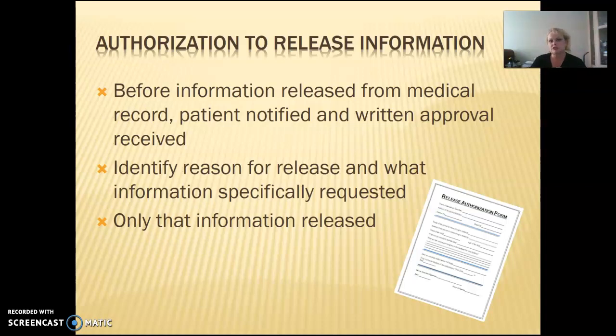And then sometimes the patient will ask for you to send a portion of their record to a specialist, say, for example. So then you would have them sign for the authorization to release information for outgoing records because their chart's going out. Okay, so those are the two types of forms that you'll have at your office that you need to have the patient sign before you can disclose their information.